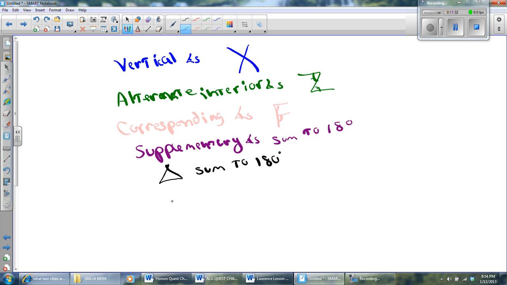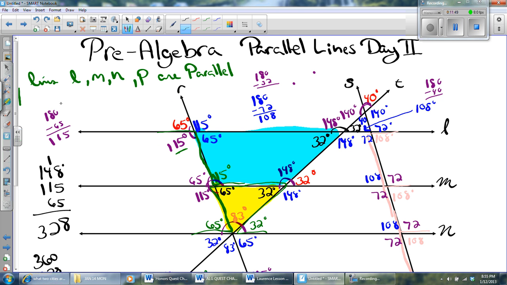And I also used quadrilaterals. I think I specifically used a trapezoid. Looks something like that, which sums to 360 degrees. I don't think there was anything else I used in the problem, and I was able to figure out many, many angles.